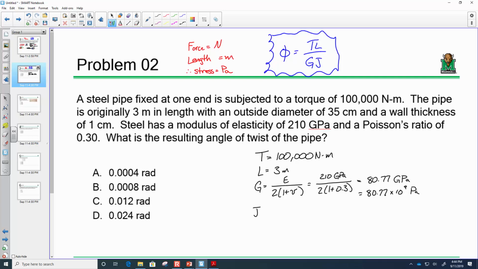What about J? First off, I'm going to tell you right now, if you're doing a torsion problem, you will always be dealing with a cross-section, at least on this exam, that is circular. In other words, when we twist something, we want it to be circular. Why? Anybody remember why?